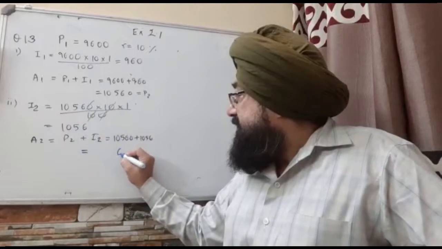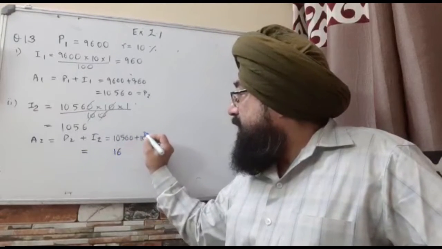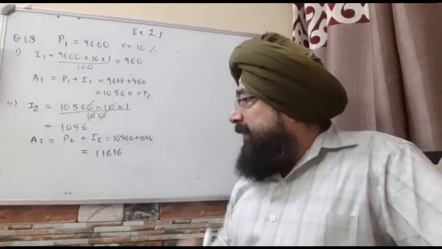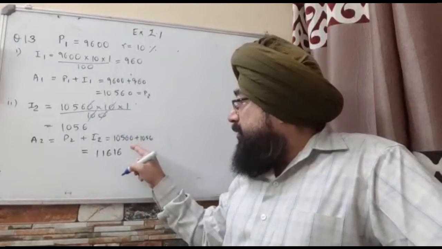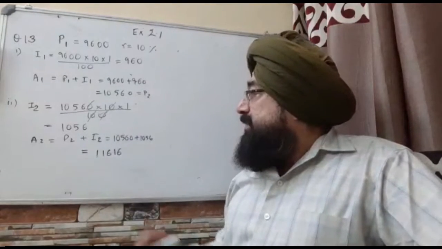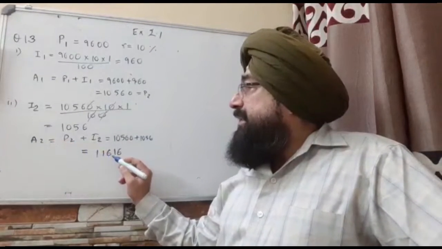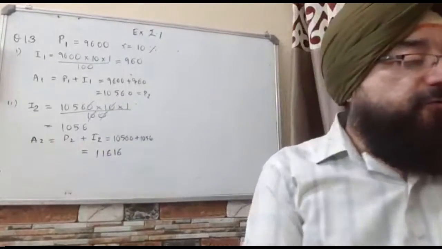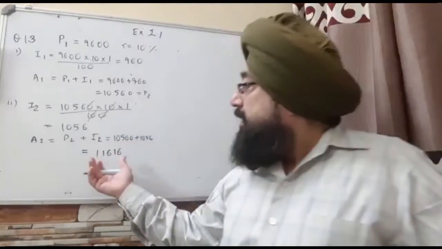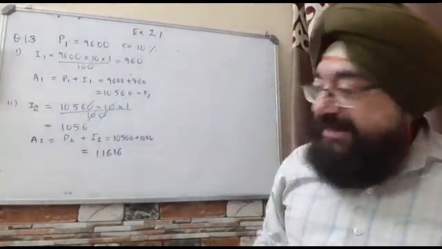Let us add. 6, 5 plus 6 is 11, carry 1, 6, 1 and 1. Check me if I am wrong anywhere. No, sir, my answer is same, sir. Okay, yes, 11616. Good. So this becomes your amount at the end of second year, what we were supposed to answer in the second part. What is the sum due at the end of the second year? This is the sum due at the end of the second year.